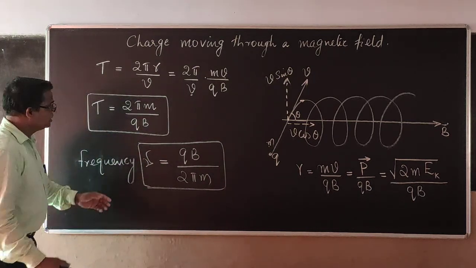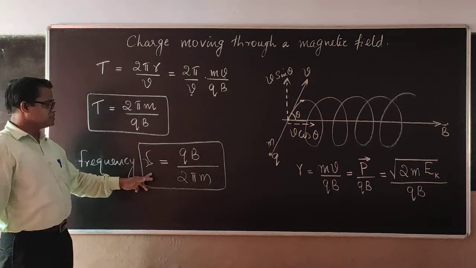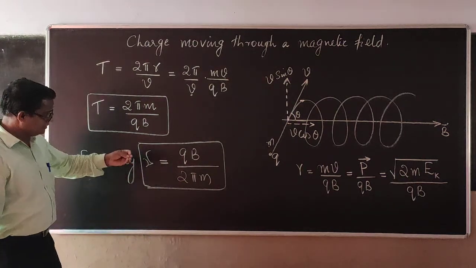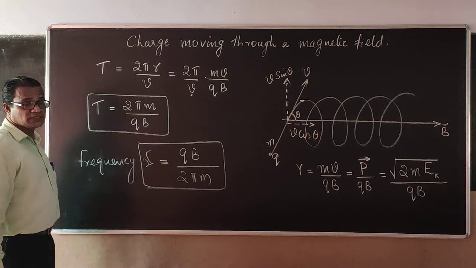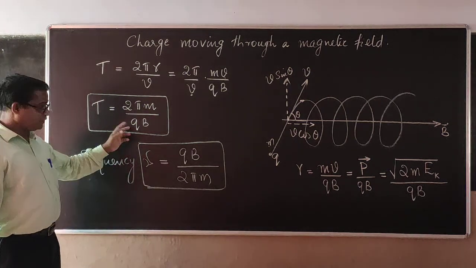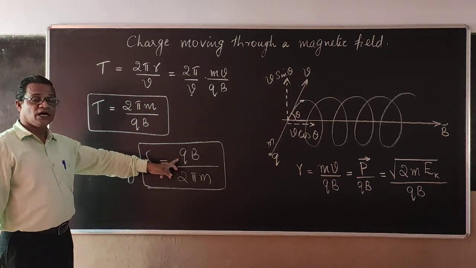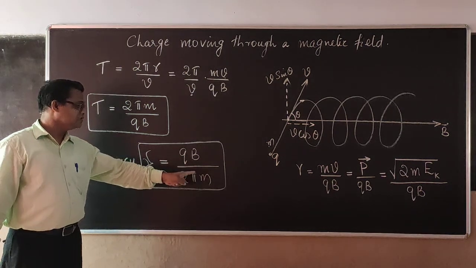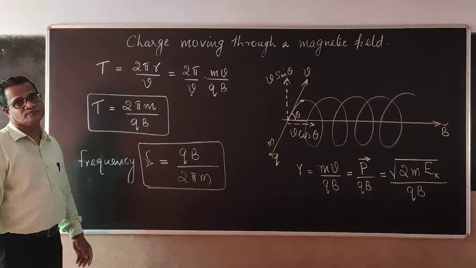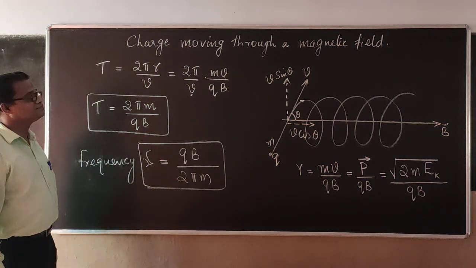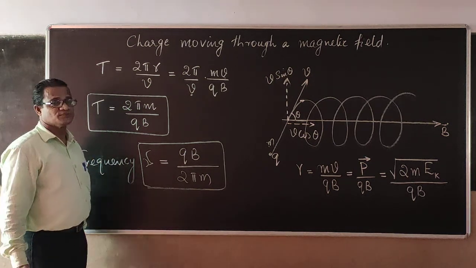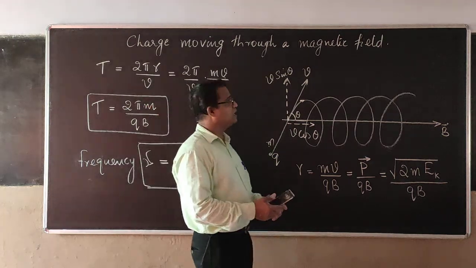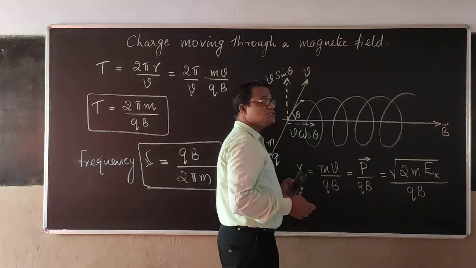Now you see that time period and frequency are not dependent on the radius or the speed of the particle. Instead, they are found to depend on the type of charge and the magnetic field. Okay? Very important.